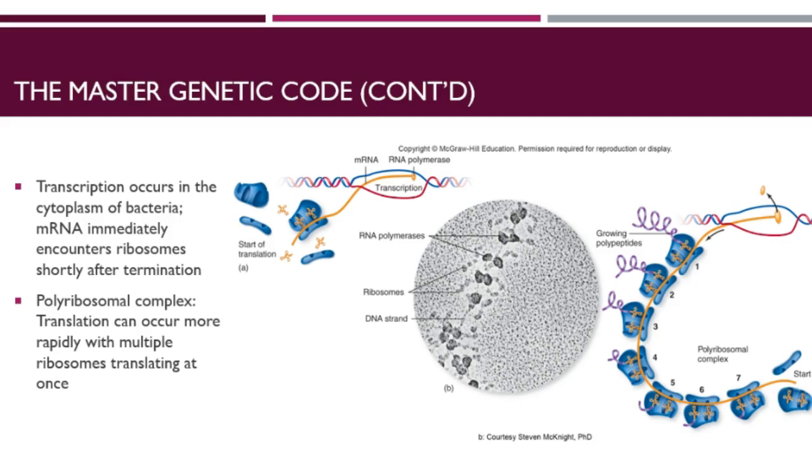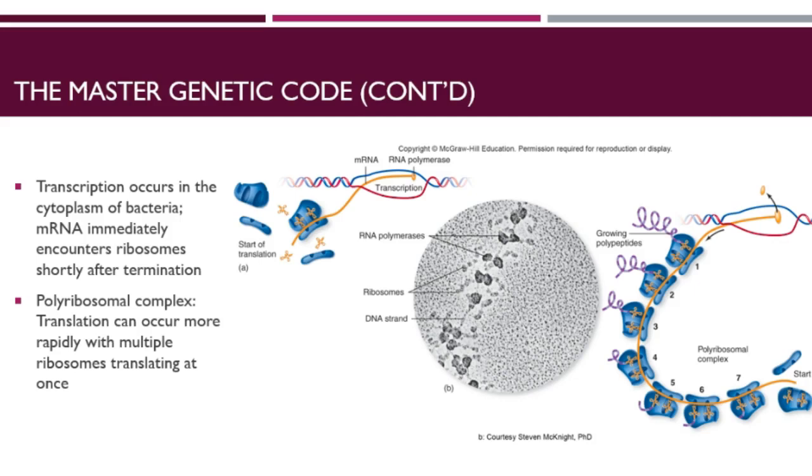So once transcription has happened, that messenger RNA molecule is already in the cytoplasm, so translation can occur immediately. It also can happen with multiple ribosomes. So we call this a polyribosomal complex.